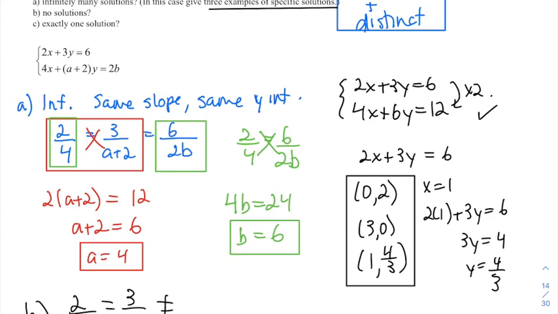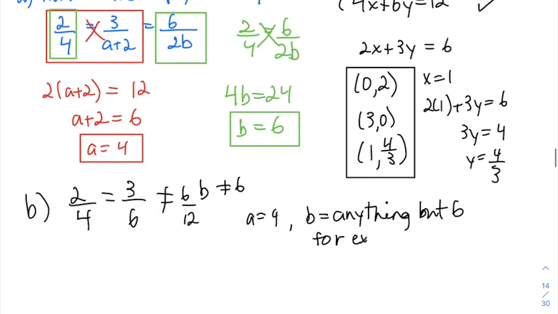So as long as b is not equal to 6, I won't get the 6 over 12 ratio. So b can be anything but 6. So I can say a equals 4 and b equals anything but 6. For example, I don't know, b equals 5. So if a is 4 and b is 5, this isn't going to work.